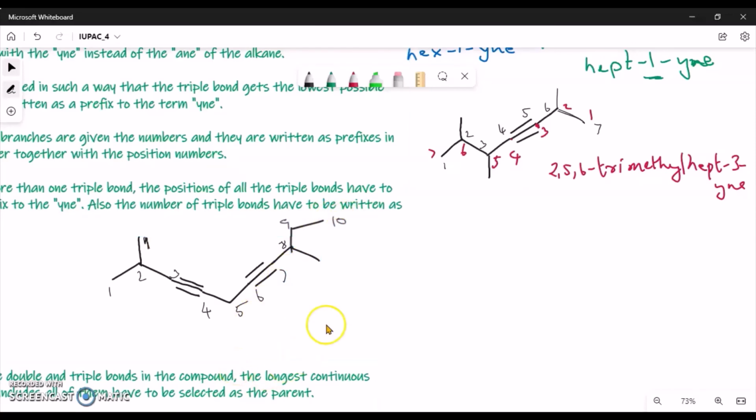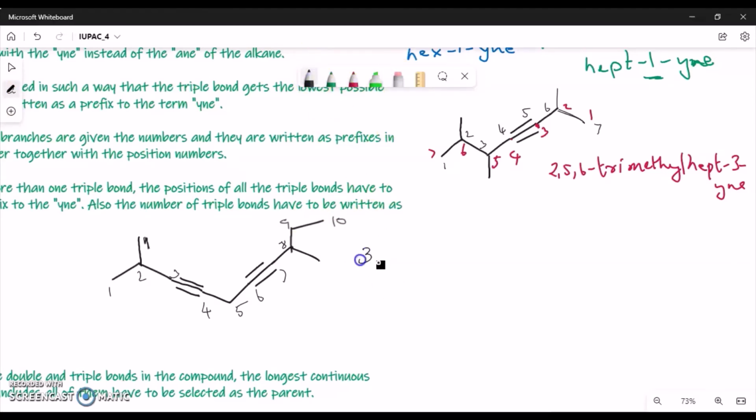And then let us look at the numbering. So we have to give the smallest possible number to both the triple bonds. So if I go from left to right, this is position 3 and then 4, 5, 6. So the positions of the triple bond will be 3 and 6 if I go from left to right.